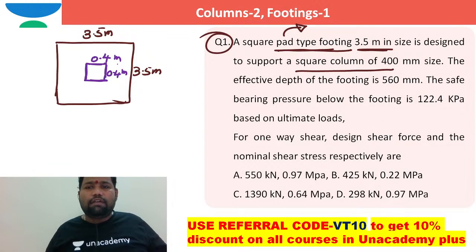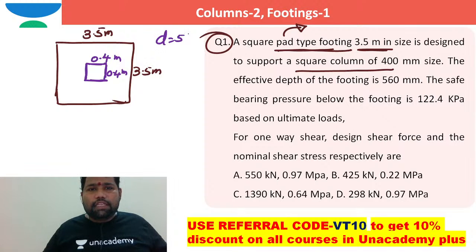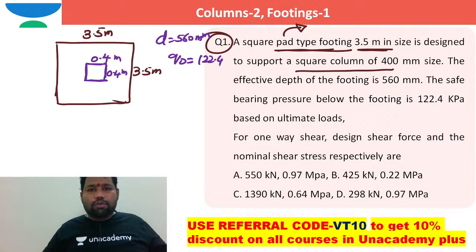The effective depth of the footing, small d, is 560 millimeter, so please be aware of that. The safe bearing capacity below the footing, which we call Q naught, is 122.4 kilopascal.